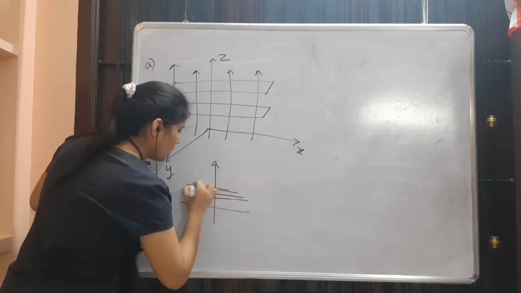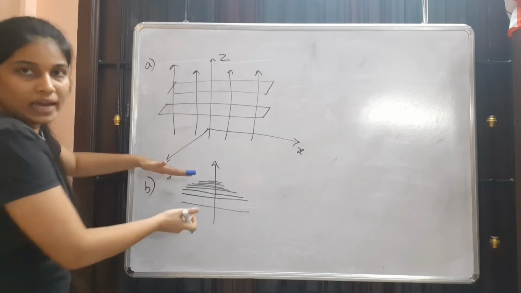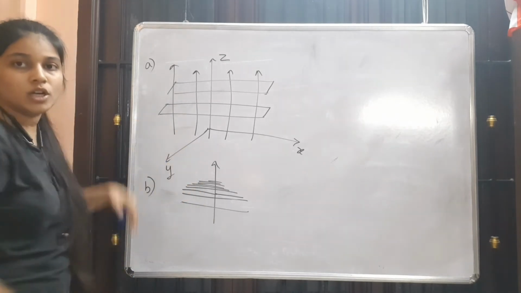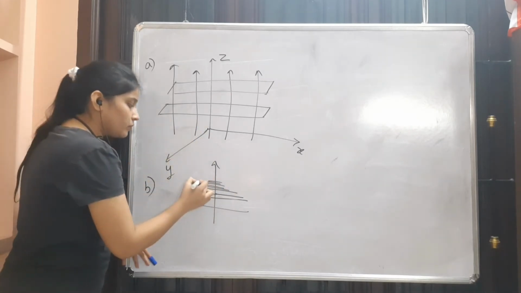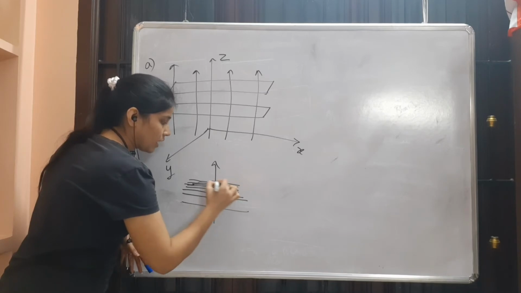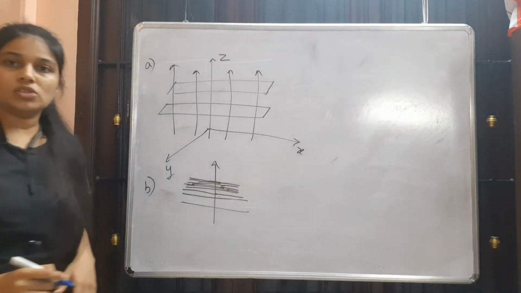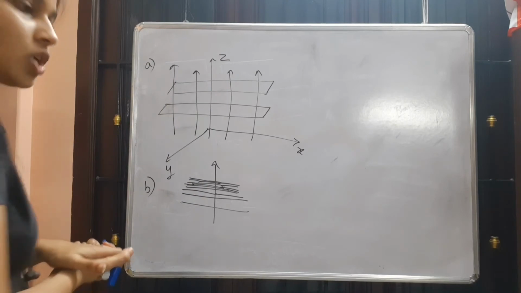As you go above in the z axis, the equipotential surfaces come closer because the strength of the field is increasing as we move above. So the equipotential surfaces come closer to each other.